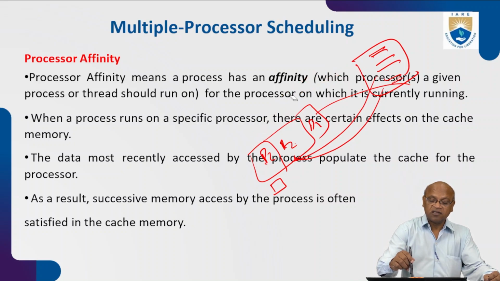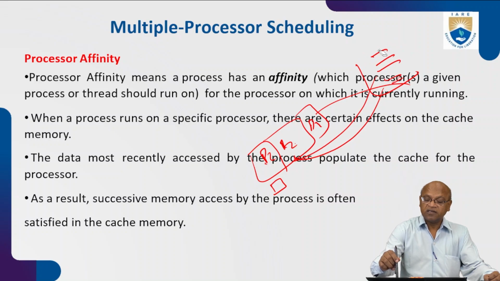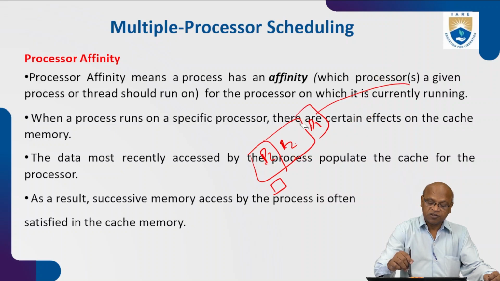Once one instruction is moving from RAM to the CPU, at the same time that instruction will also be available in all three caches.